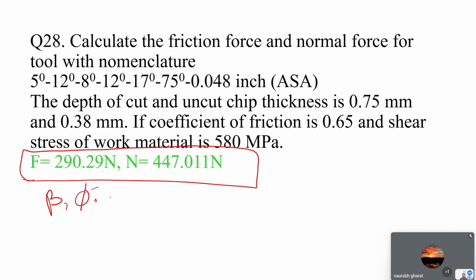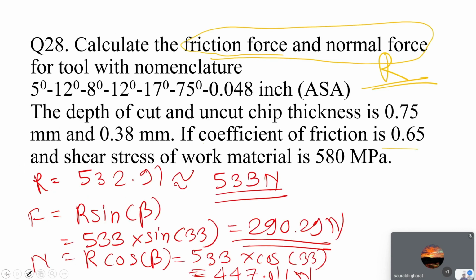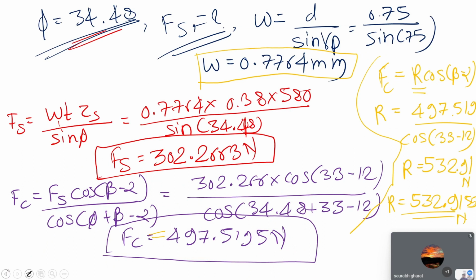From phi, what do we find out? You have to calculate Fs. We have Fc, and we have Ft.